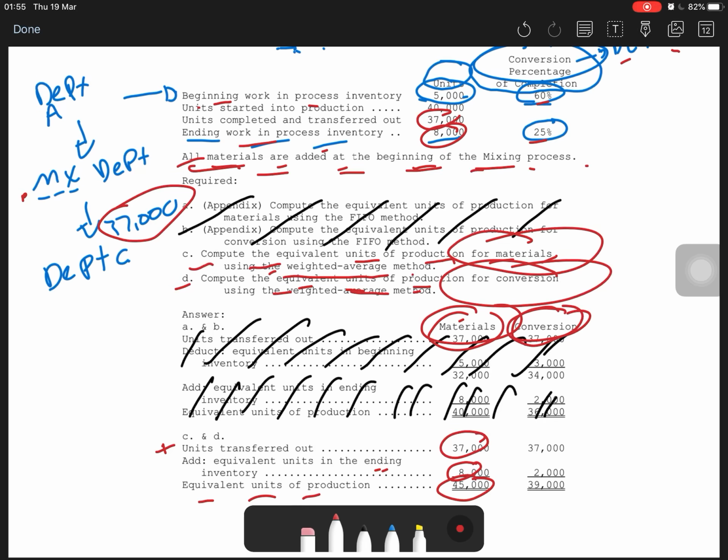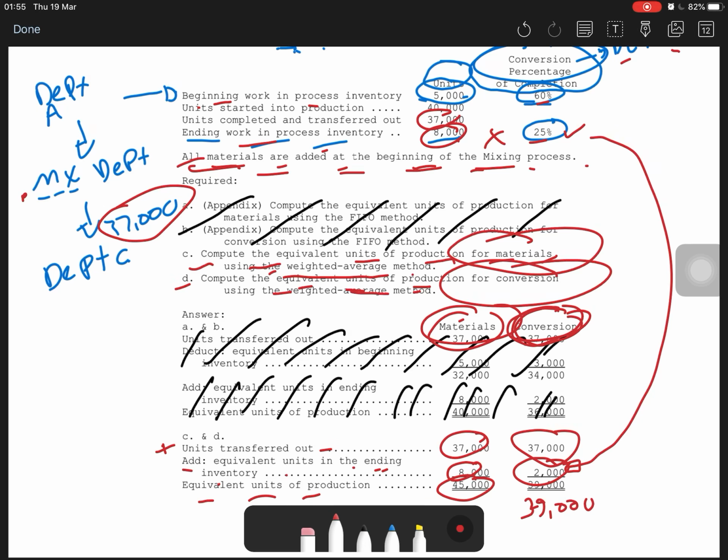But how about conversion? 37,000 units transferred out, plus the equivalent units in the ending inventory, only 2,000, not 8,000, because for the conversion it is only 25% complete, not 100%. That is why 8,000 multiplied by 25% gives this, and adding them together becomes 39,000.